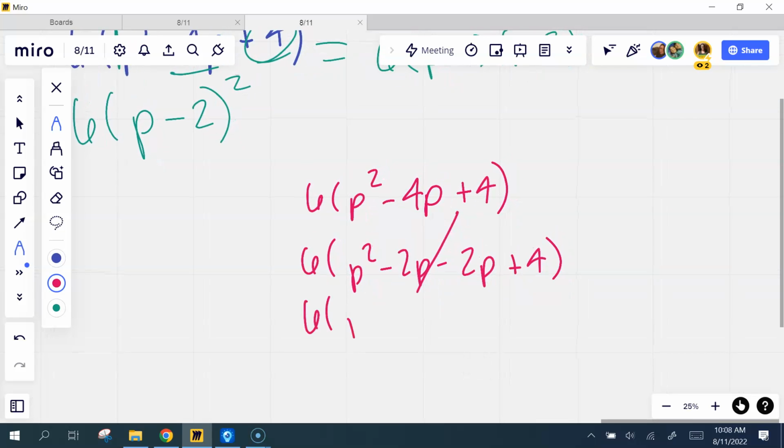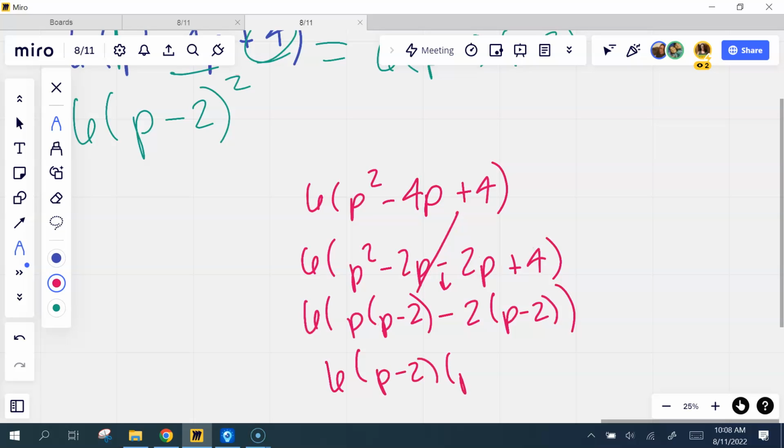GCF of the first two would be p. It leaves me with p minus 2. I have to keep the middle sign, but because the middle's minus, it changes the last one. So I end up with 6, p minus 2, p minus 2.